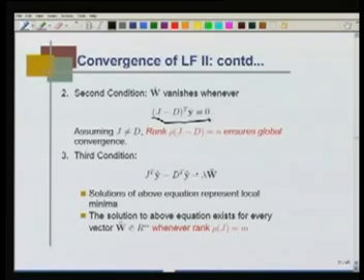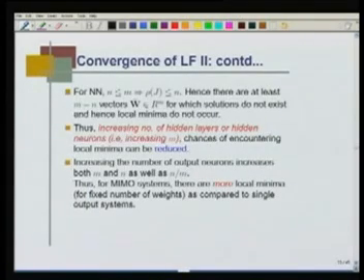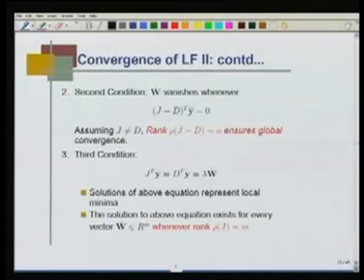If this is the case, then the solution of the above equation represents a local minimum, and it reaches a local minimum. So, we talked about this should exist, that means this should not become 0 for global convergence.